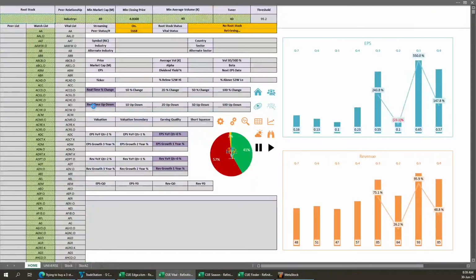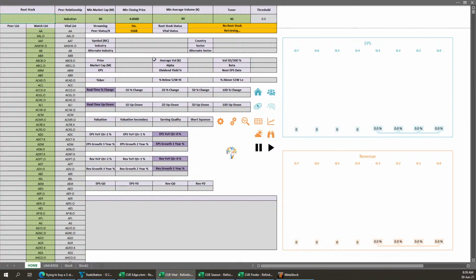Let's carry out a fundamental analysis to evaluate their scorecards. 1668 stocks in the list. Vital is retrieving data from Refinitiv and then it will calculate the scorecard. Scorecard is calculated.